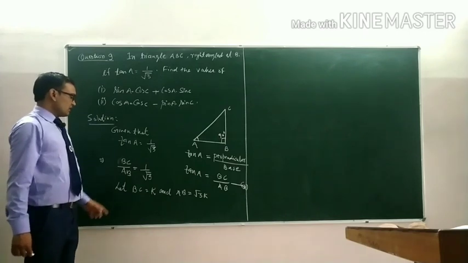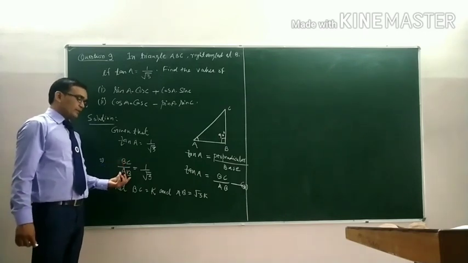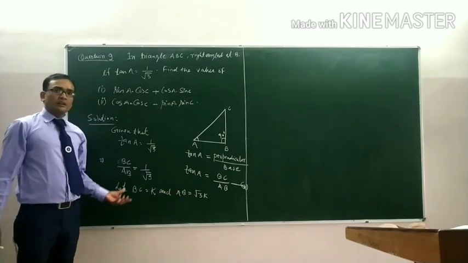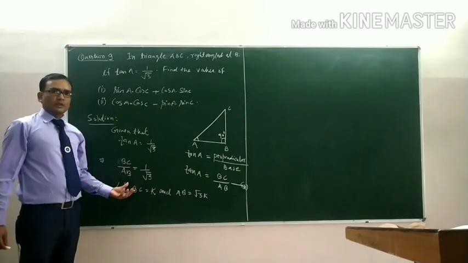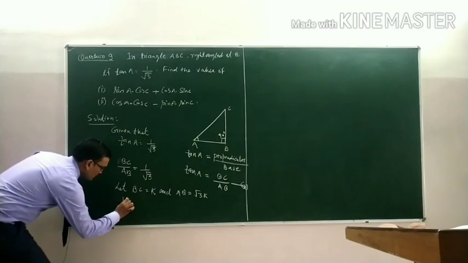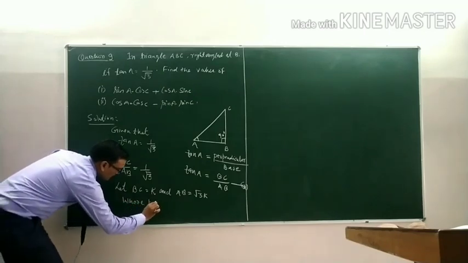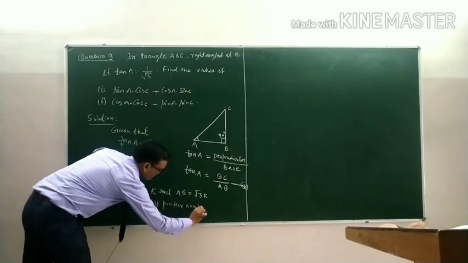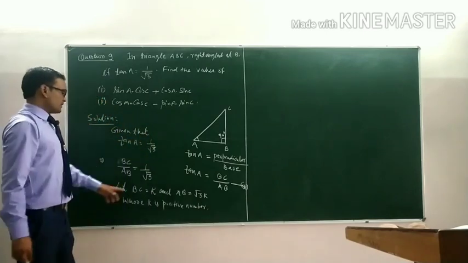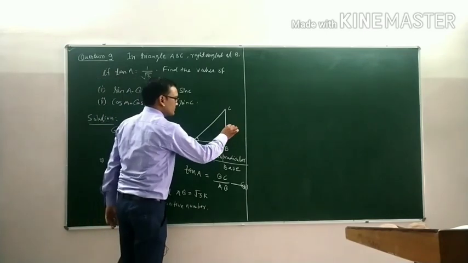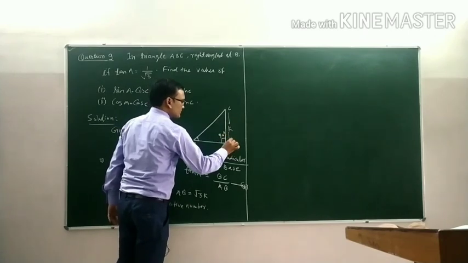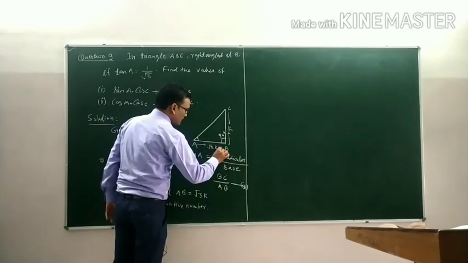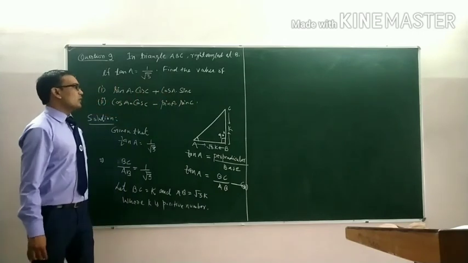We suppose that BC equal to K and AB equal to square root 3K, then ratio of BC and AB is 1 upon square root 3, where K is the positive number. Here student, BC is K and AB is square root 3K.